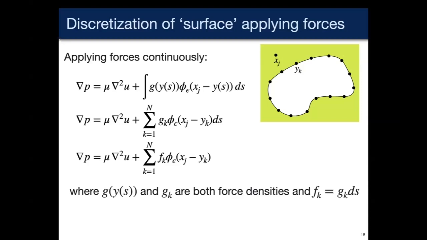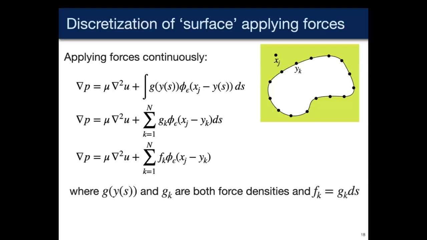Normally what we do is we don't actually think about a series of point forces being applied in some domain. We think of it as, I have a curve on which I know some force exists, and I know sort of what that force looks like. Then I think about it as a discretization of an integral. This integral would be of g of y of s, where y of s is the curve on which the forces are being applied.